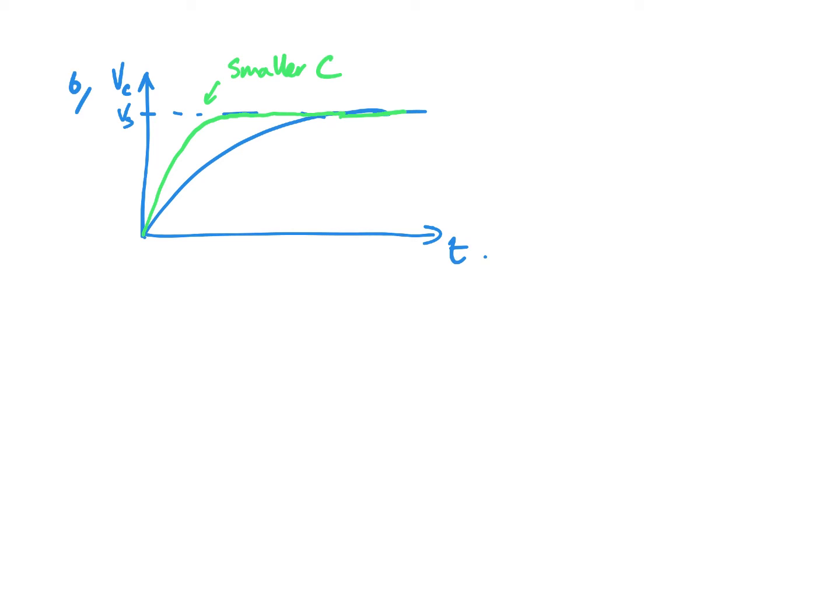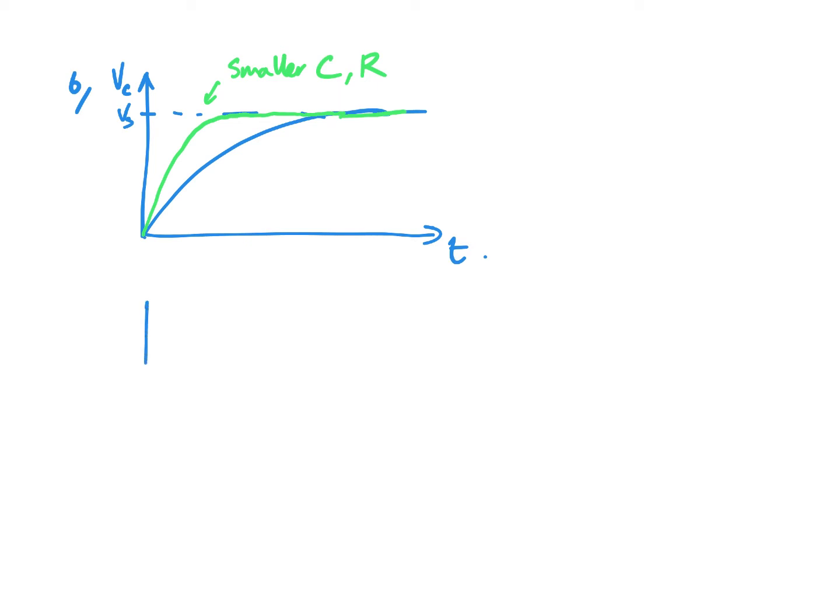Similar sort of effect if we have a smaller resistor in the circuit, then the current involved will be bigger, and so it will charge more quickly. So smaller capacitance or smaller resistor, you'll get quicker charging.